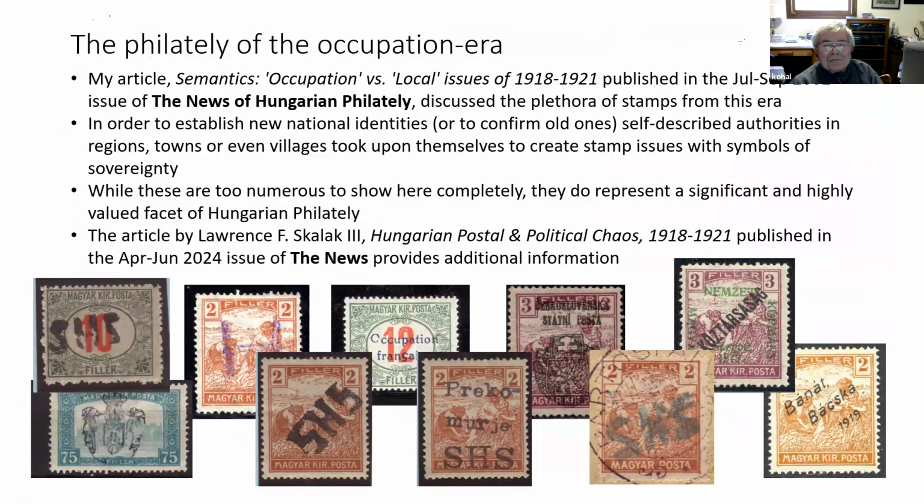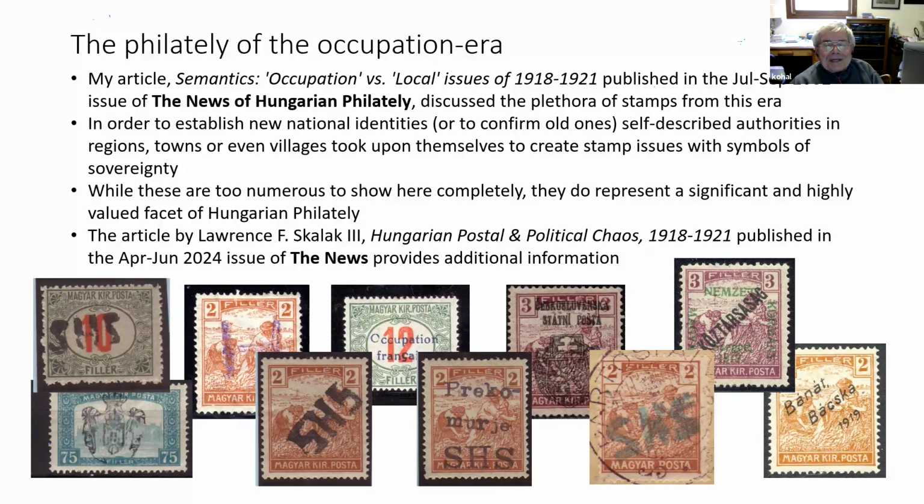And I'm going to beat my drum for this, because that proved to be one of my most popular articles that I've ever written. It was republished in the British Journal and the Cinderella Philatelist. It was translated into Czech, and it was used by Laszlo Kalai for his book on Romanian overprints in Transylvania. So I'm proud of myself for doing that.